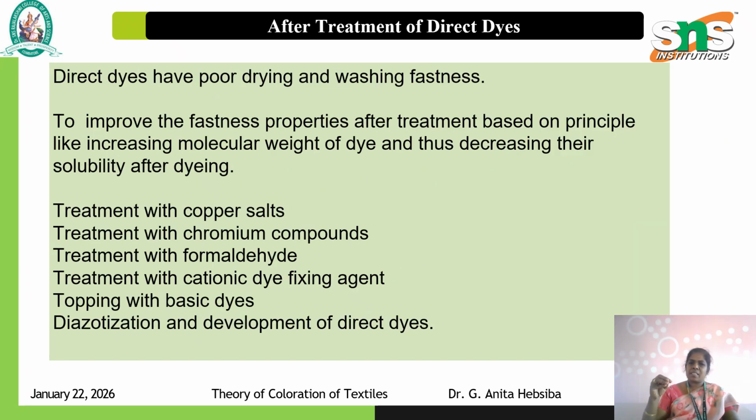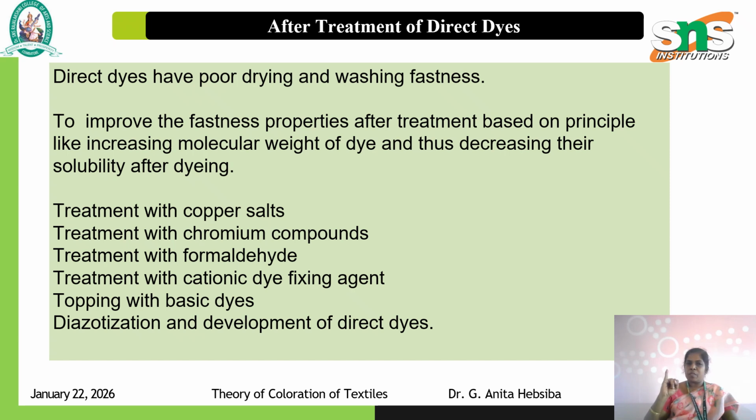Some direct dyes have very poor washing fastness. To improve the fastness properties, they can be taken for some after treatment. When can you decrease the solubility? When you increase the molecular weight of the dye, you can decrease the solubility after dyeing. If the solubility decreases, you automatically improve the washing fastness. So there are certain methods which help us increase the molecular weight of the dye.